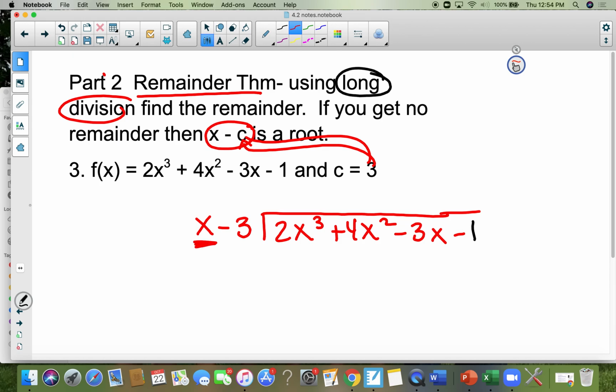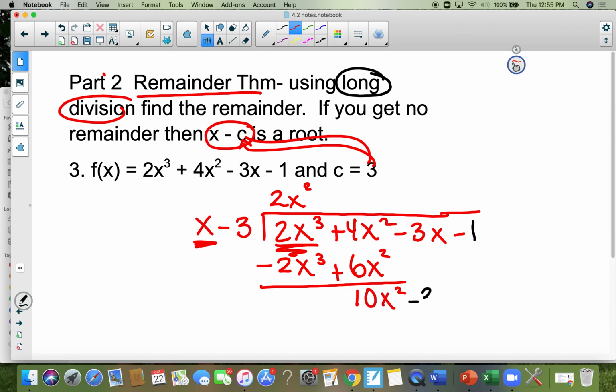The difference between this and this is 2x to the second. 2x to the second times x is 2x to the third minus 6x to the second. Draw your line. Don't forget to switch your signs. The first two cancel out, but you're going to be left with 10x to the second minus 3x.